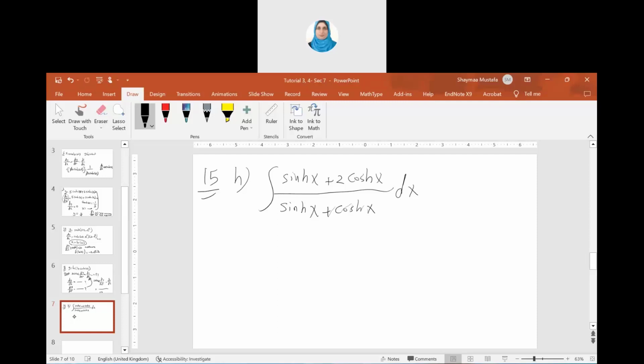We need to just integrate. The question asks to just integrate.